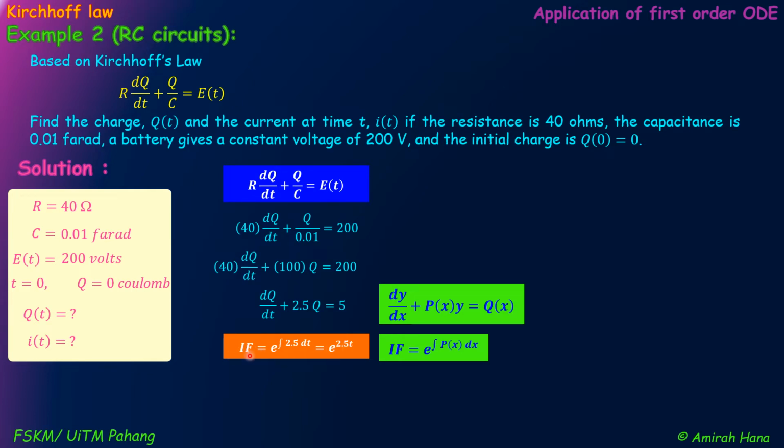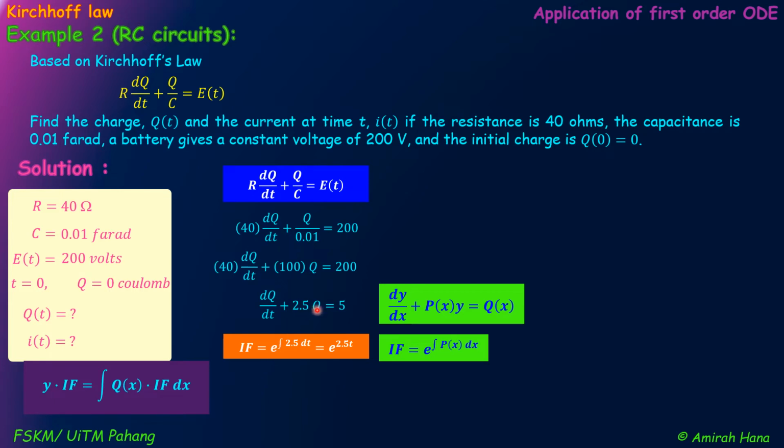After we find the integrating factor, we need to find the solution for y for a pure linear equation, but now we have q. So after we find IF, we need to find the general solution for q. We can refer to the general solution under linear equation: y times IF equals the integration of q(x) times IF dx.